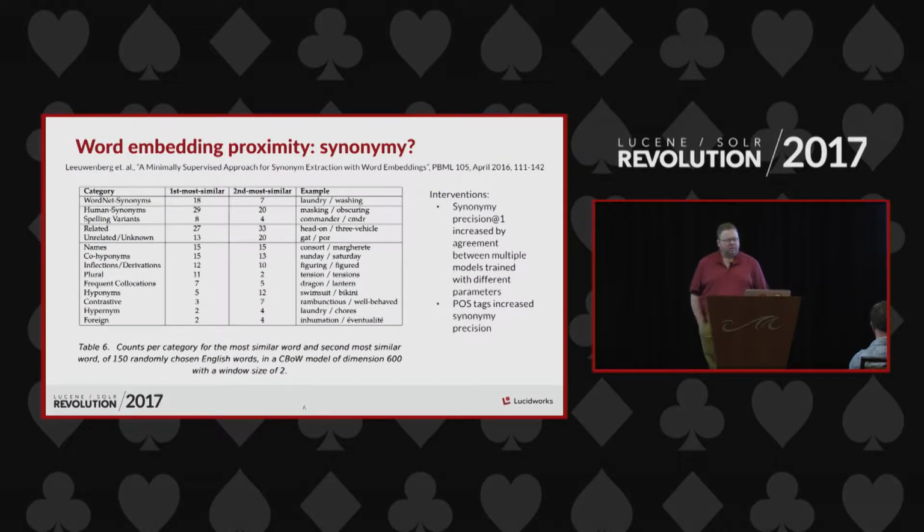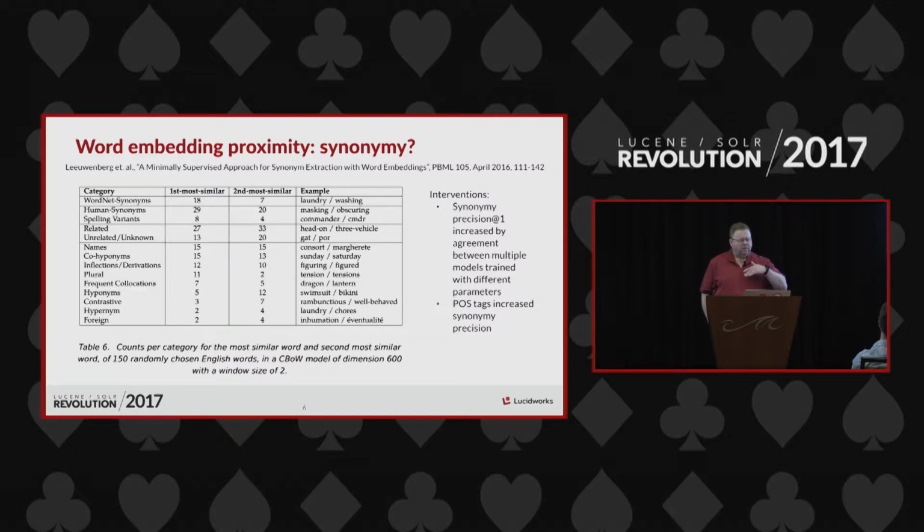Next couple of slides, I talk about some problems with using distance between vectors as implying certainty about synonymy. This table below comes from the paper that I mentioned there, Leuenberger's, a minimally supervised approach for synonym extraction with word embeddings. What they did was they were attempting to use automatic methods to extract synonyms from news corpora in English and German, and they found that precision and recall were extremely low, something like 10%.